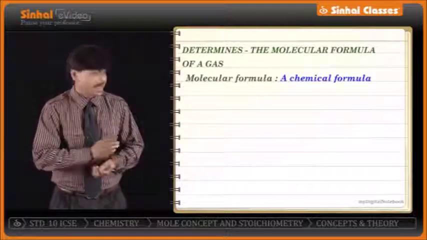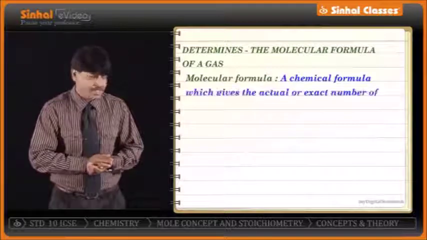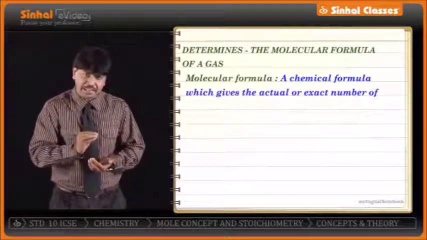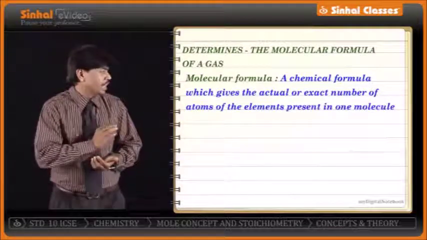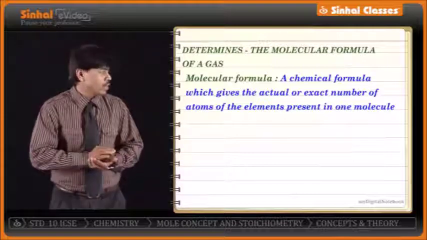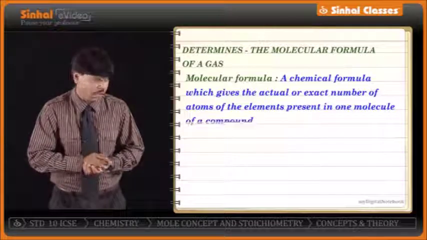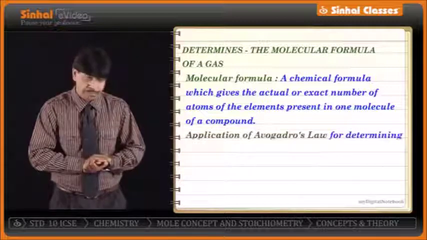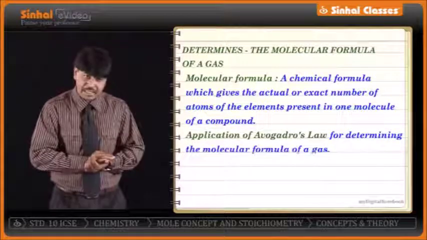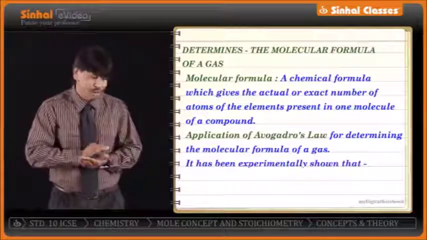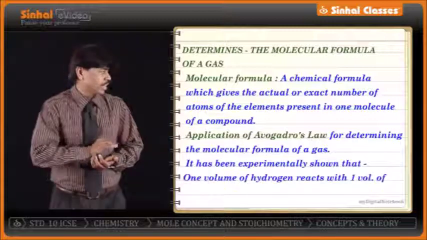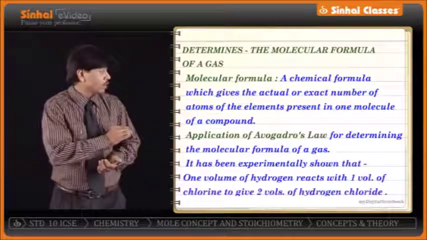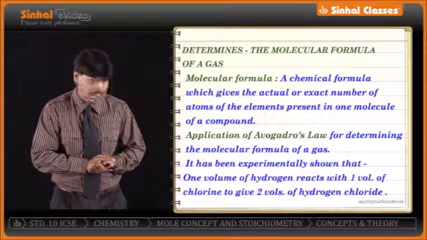It can also be used in determining the molecular formula of a gas. Molecular formula is a chemical formula which gives the actual or exact number of atoms of the elements present in one molecule of that compound. For example, it has been observed experimentally that one volume of hydrogen reacts with one volume of chlorine to give two volumes of HCl.